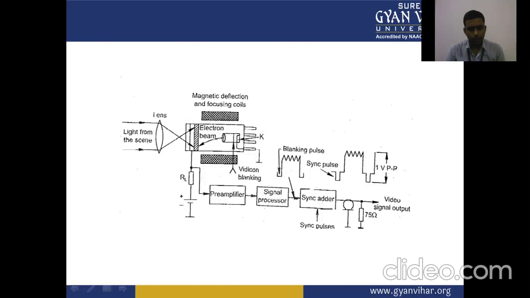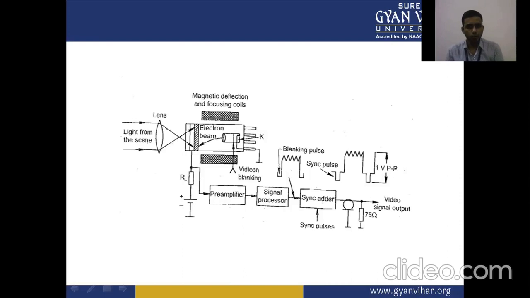On the target plate, a corresponding electrical signal is developed. The Vidicon type of camera tube is generally used to convert the image into the electrical signal.